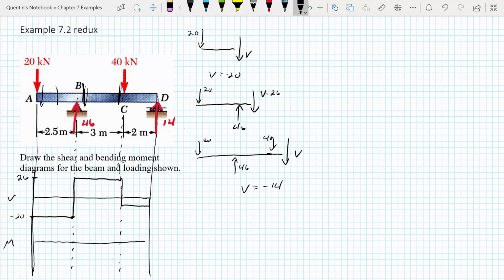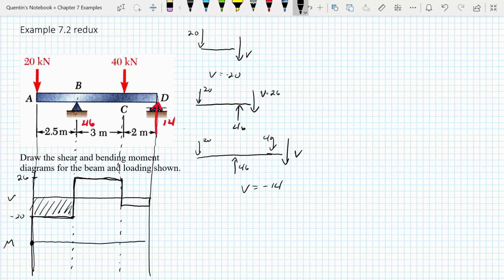So that is, for concentrated loads, life is actually nice and, quite frankly, nice and easy. You go through and it's just nice constant values. But then what we just learned is that the moment is dependent on the area of this. Okay, so what is the moment there?